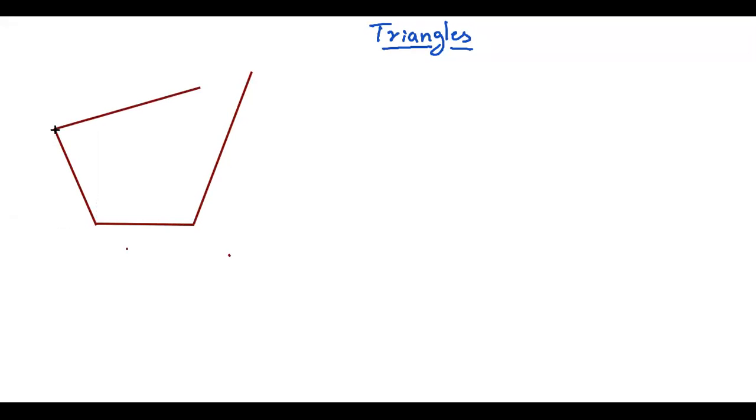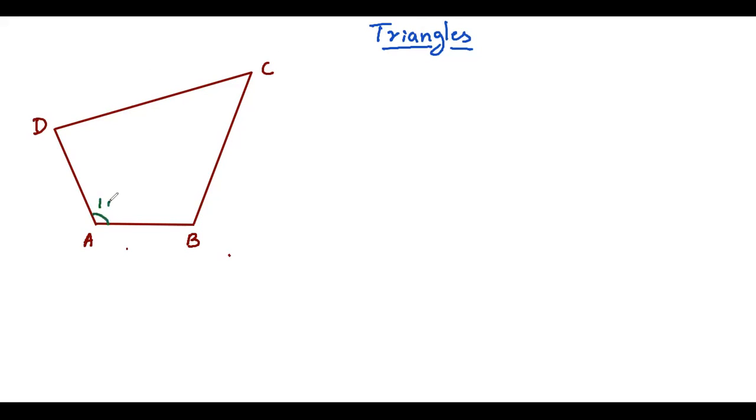Let's say this is your first figure. For the first figure, I'll start naming: this is A, B, C, D. Observe, students, this is very important for us to understand the definition of similar figures.